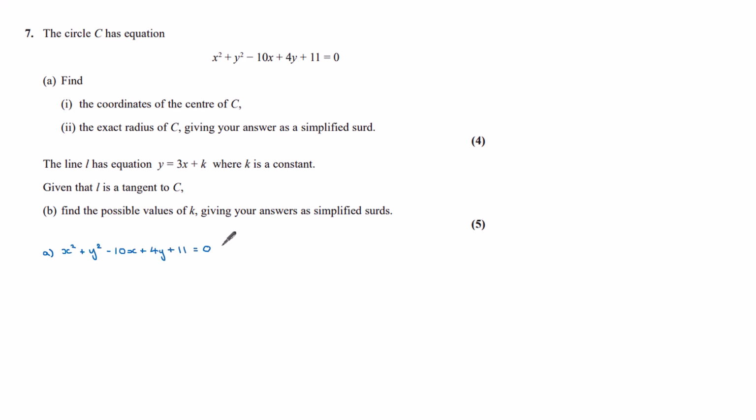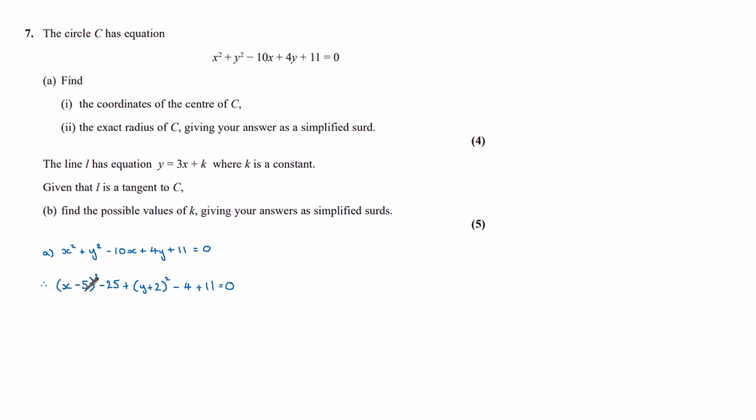Now the simplest way in which you can have a circle equation written is with the square completed. So we're going to complete the square for both the x and the y. In terms of x, inside the bracket we're going to have x minus 5 because we are halving the coefficient of x.